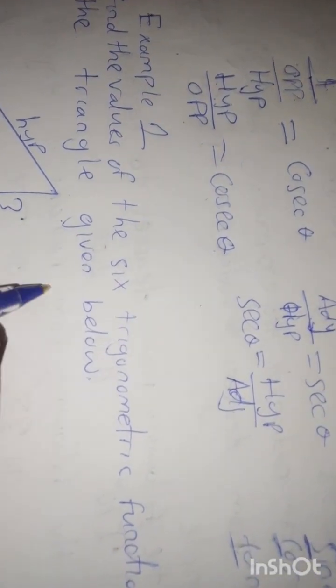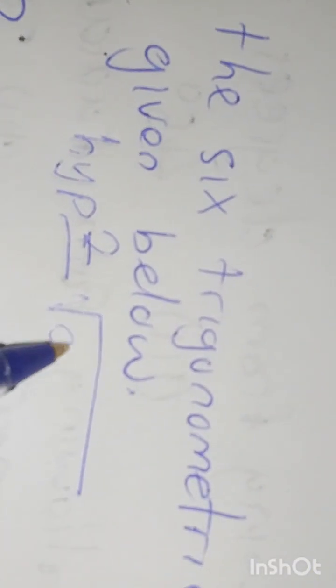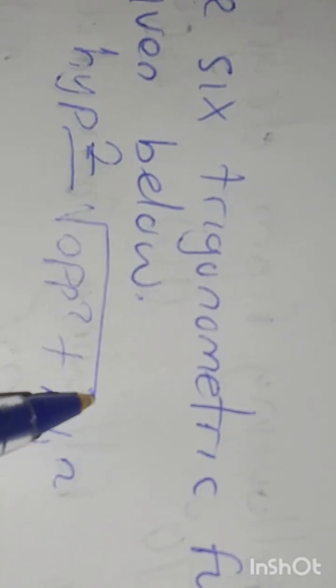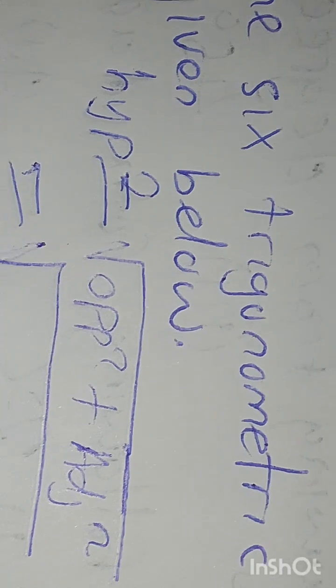From high school you also learn that the hypotenuse is equal to the root of opposite squared plus adjacent squared. So for us to find the hypotenuse, we have to find the root of opposite squared plus adjacent squared.